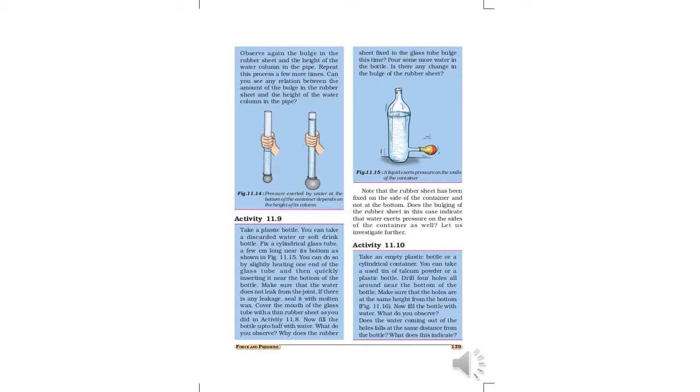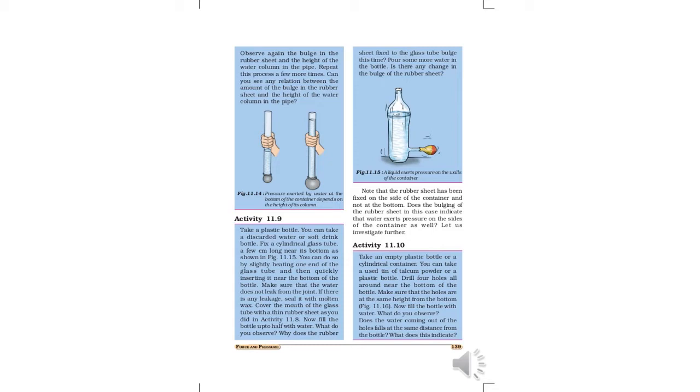And observe whether the rubber sheet or the balloon starts bulging or not. Now again add some more water in the bottle and observe whether there is a change in the bulging of the rubber sheet or the balloon. The observation is, when some amount of water is poured in the bottle, the rubber sheet bulges out.